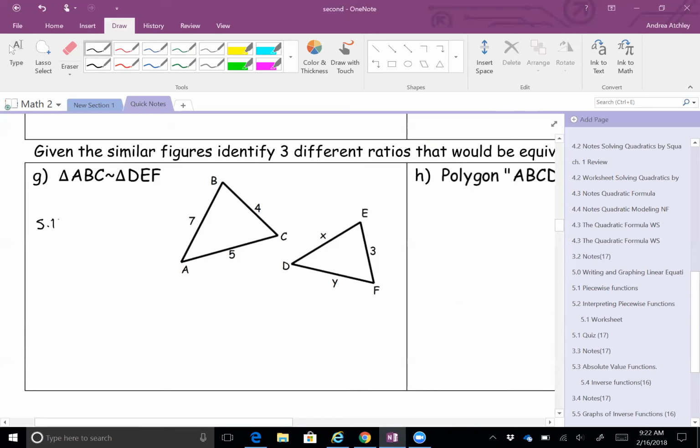So my scale factor would be what? So let's start with AB. AB is 7. We need to find what corresponds to AB in the other triangle, and it's the first 2 letters, DE. So that's over X.